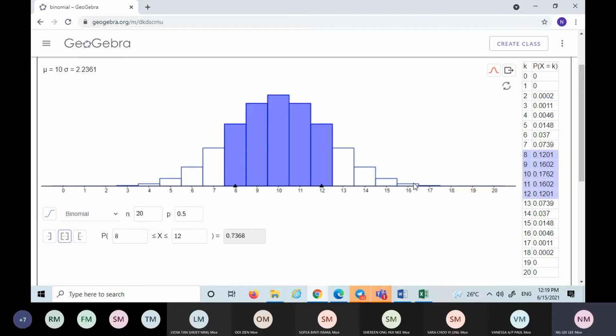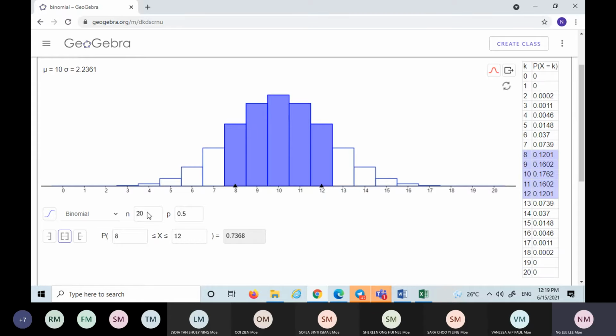So we say that this binomial distribution we can estimate by using the normal distribution because the graph looks alike. The values are all concentrated in the middle, and towards the two ends, you can see from the table here, the number is very small already until it cannot be shown. But actually it's not 0 maybe, it's a very small value.